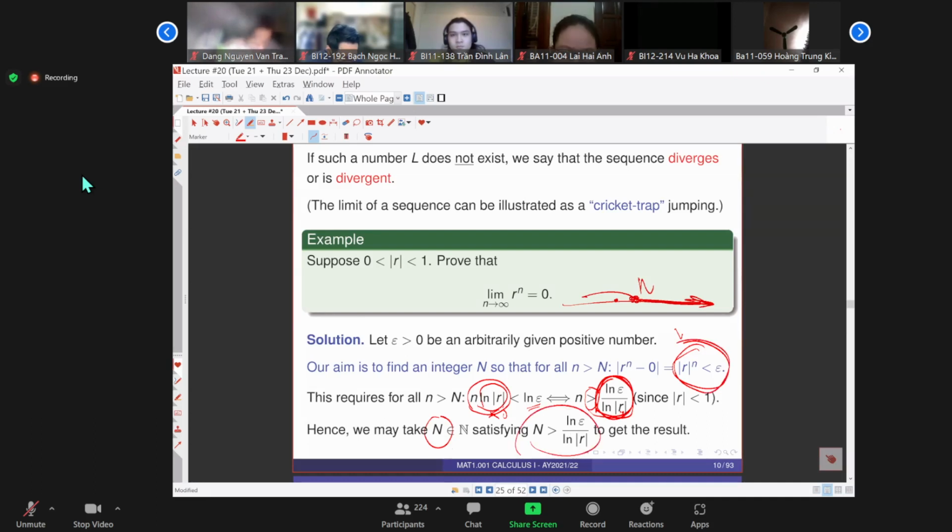N is integer bigger than that number. Vì số này có thể không phải là số nguyên. Không phải, nó là một phân thức, một số phân số chẳng hạn, hay là một số vô tỷ thì các em cứ lấy cái số n lớn hơn cái số này. Và vậy để từ đấy là các em có thể yên tâm là châu chấu nó nhảy vào đấy. Understand? That's the idea and how to prove this one.